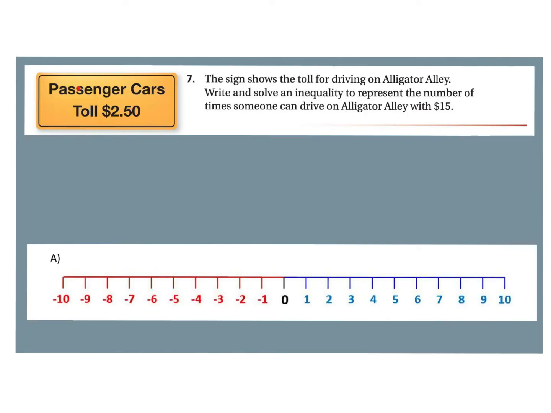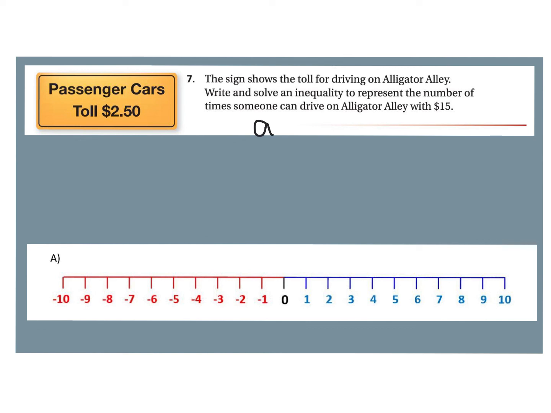Here's an example. Passenger cars, the toll is $2.50. The sign shows the toll for driving on Alligator Alley. Write and solve an inequality to represent the number of times someone can drive on Alligator Alley with $15. So let's say A is the number of times we drive on Alligator Alley.